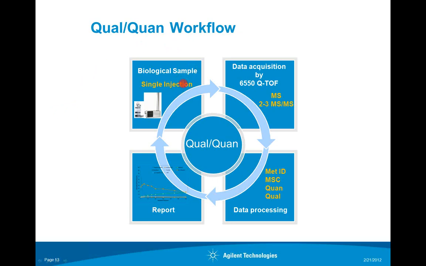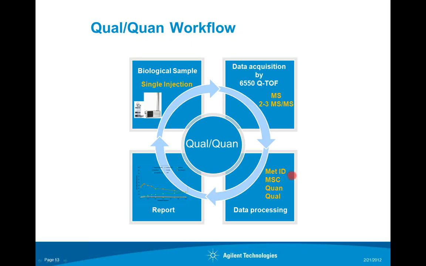So the qualitative workflow starts with a single injection of the biological sample to the LC-MS, and the data acquisition includes a full MS scan followed by 2 to 3 MS/MS scans. Once data acquisition is completed, data are processed by using a package of software. This includes Metabolite ID software and Molecular Structure Correlator.